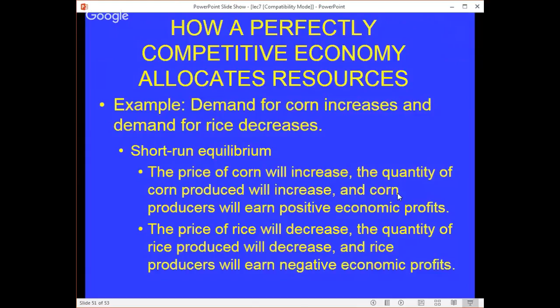The quantity of corn produced will increase because we have an upward sloping supply curve, and corn producers will earn a positive economic profit. The price of rice, on the other hand, will decrease, the quantity of rice produced will decrease, again because we have an upward sloping supply curve, and rice producers will start to earn a negative economic profit.